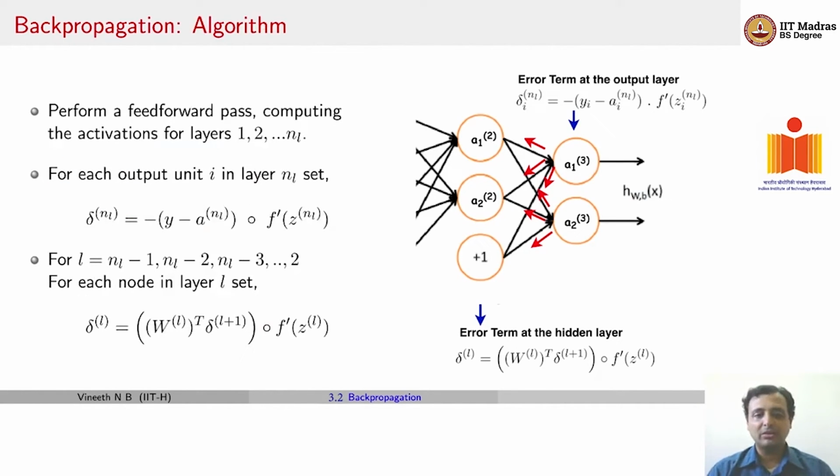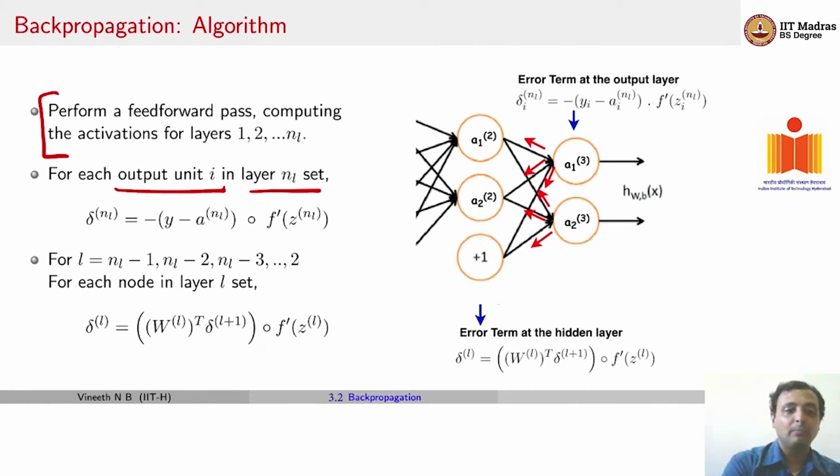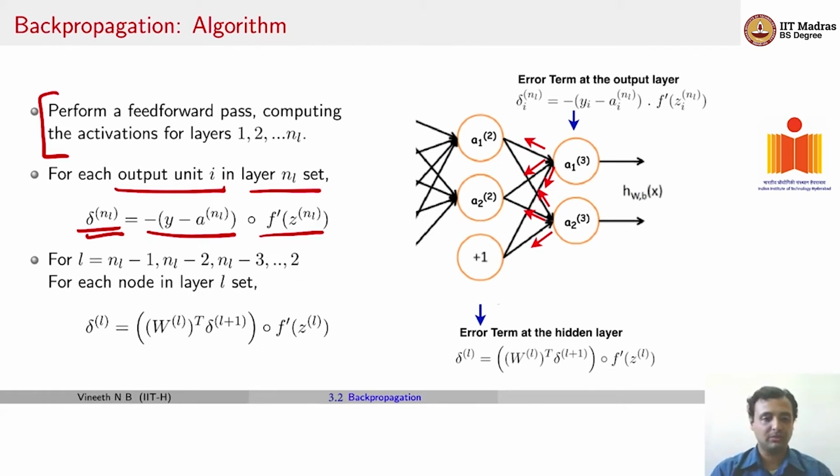So the way we are going to train the full network now is we perform a feed-forward pass, computing the activations for all layers. For each output unit i in the set of neurons in the last layer, denoted by N_L, we compute the error, which is delta^{N_L}, the derivative of the loss function with respect to the final activation, into the derivative of the final activation with respect to z^{N_L}, which is before applying the activation function.